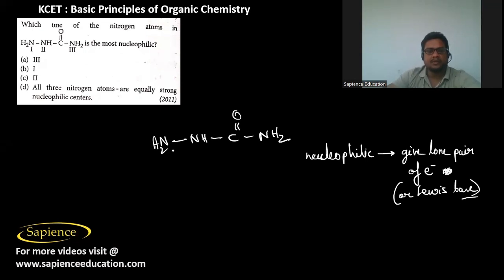So here, which nitrogen among 1, 2, and 3 is most nucleophilic? It means that which can most easily give the lone pair of electrons.